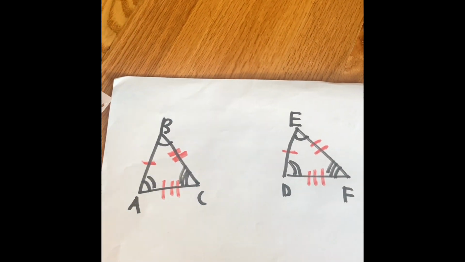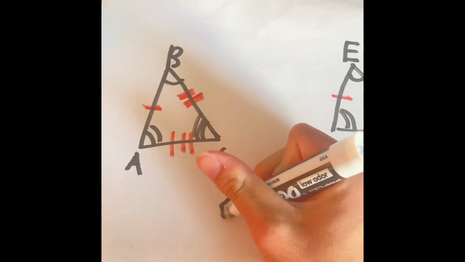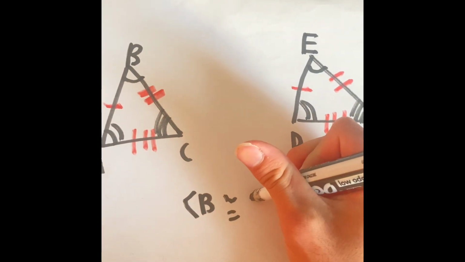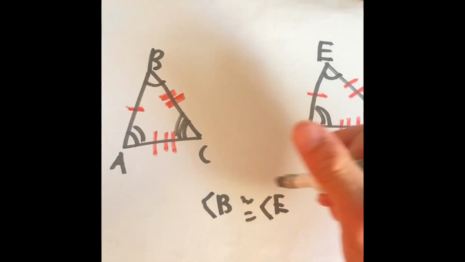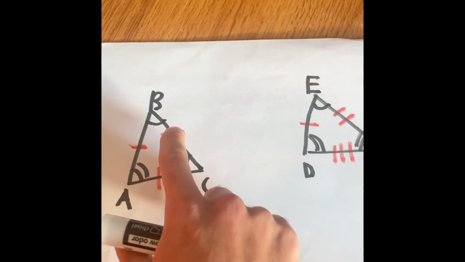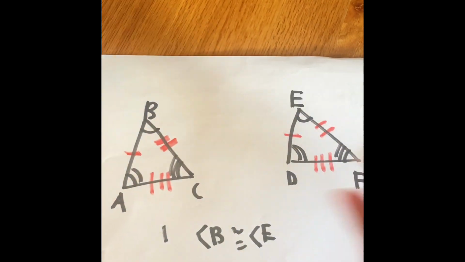For example, we can say that angle B is going to be congruent with angle E. That can be reason number one, because that angle and that angle are both congruent.